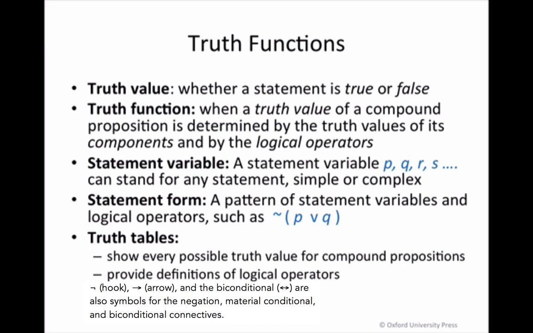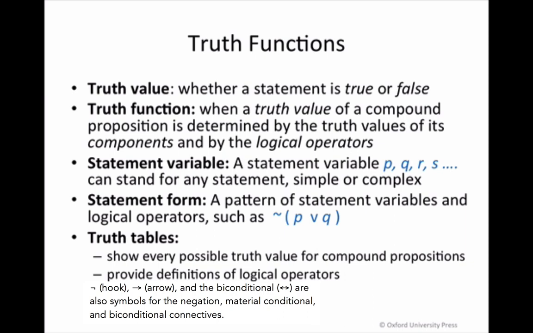Notice that you've got lowercase p, q, r, and s. We use lowercase p, q, r, and s as a standard, at least in this textbook, for talking about any sentence that we could use, that we could make. So the sentence could be, Hamlet is a tragedy. The sentence could be, Julian works at the bookstore in San Francisco. In other words, it doesn't matter what the sentence is.